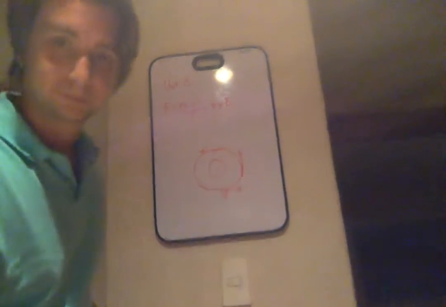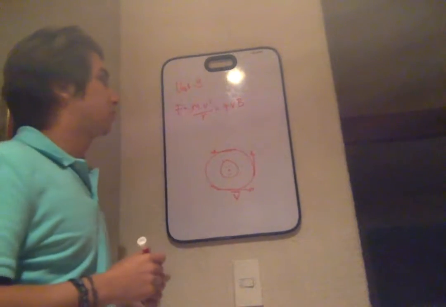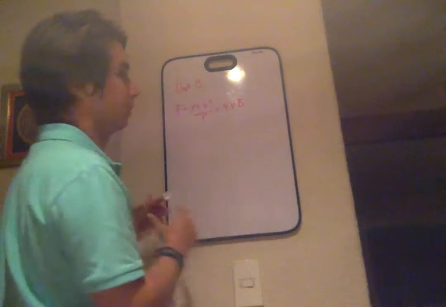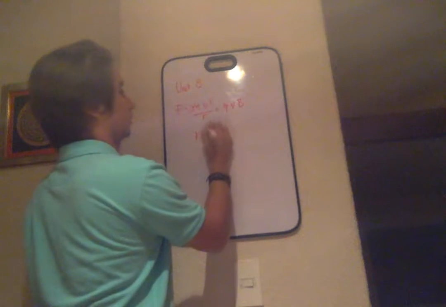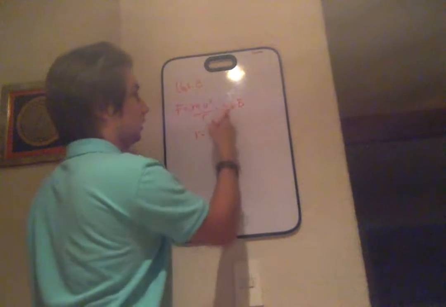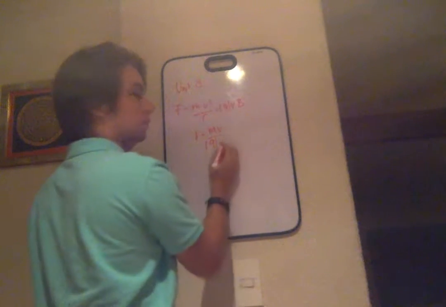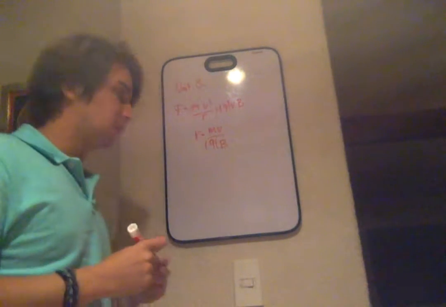And if we solve for the radius, for example, we would have that the radius is equal to the mass times the velocity over the magnitude of the charge times the magnetic field.